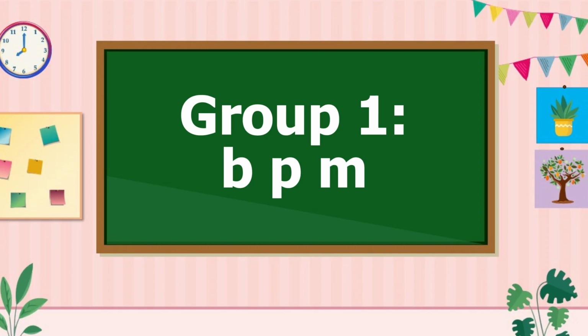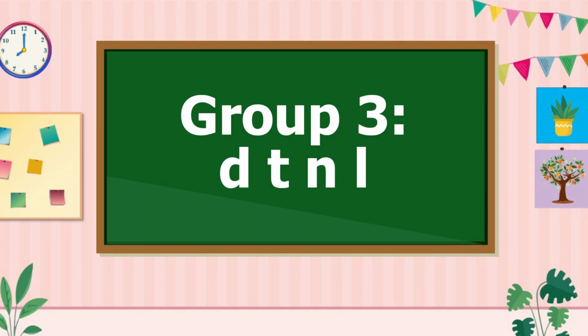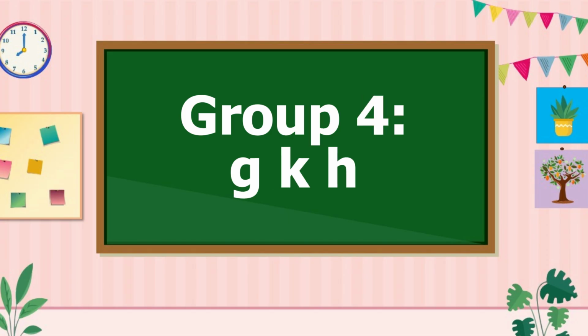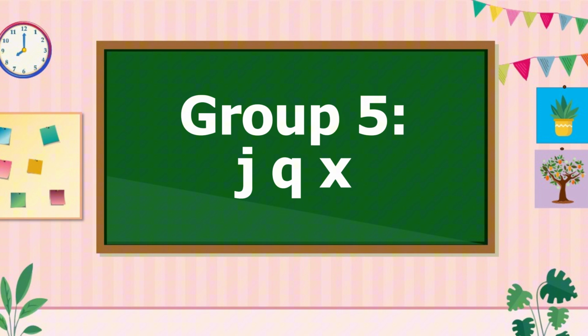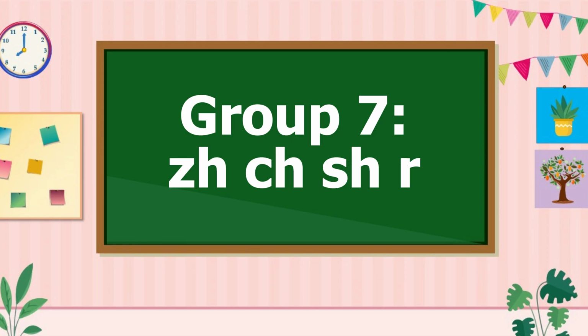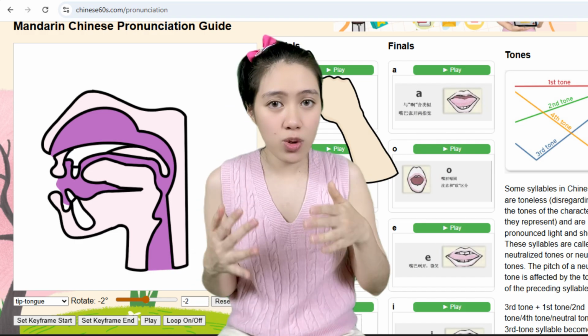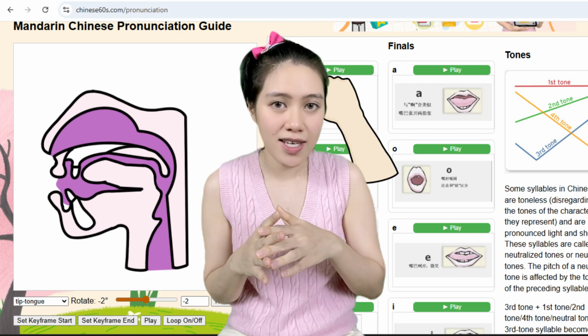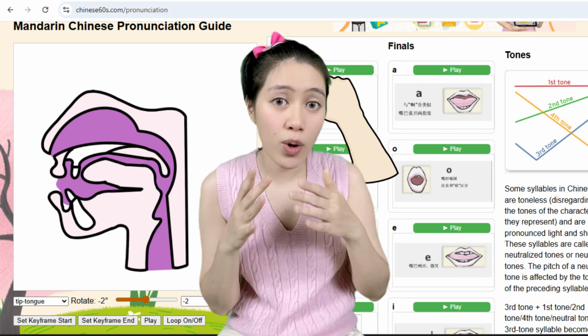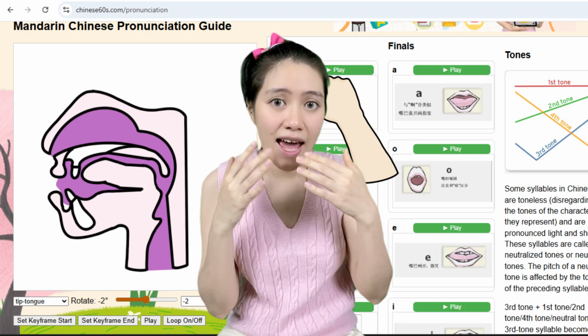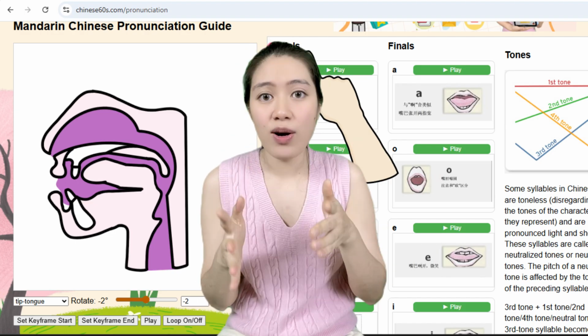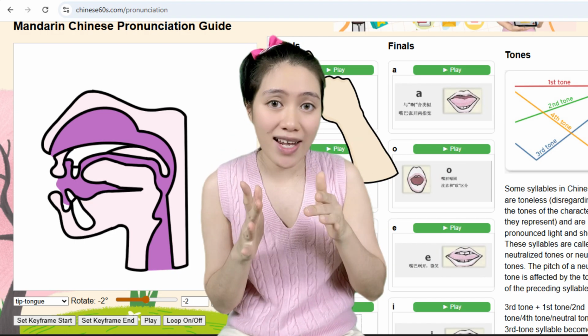Each group shares some similar features, and the main differences come from where your tongue is placed and how the air flows out. Alright, so now let's go through them one at a time.